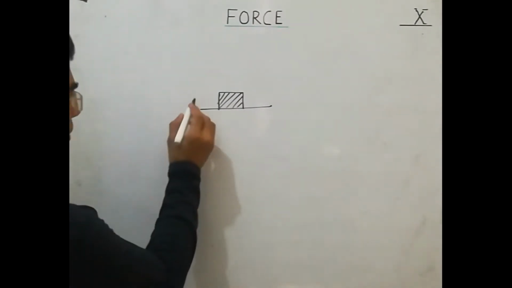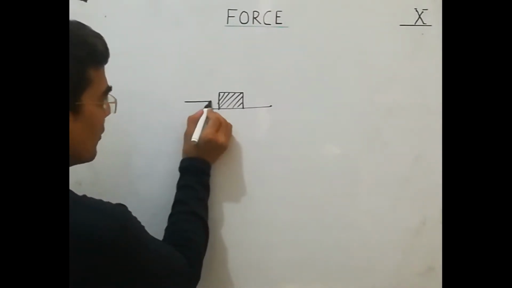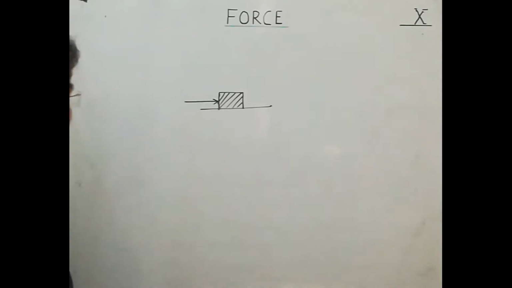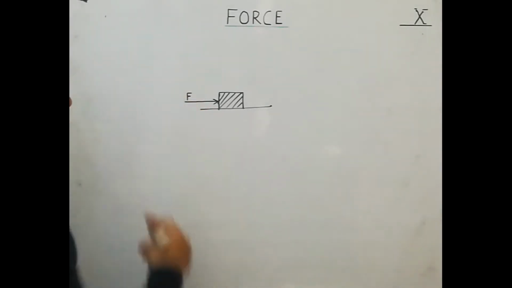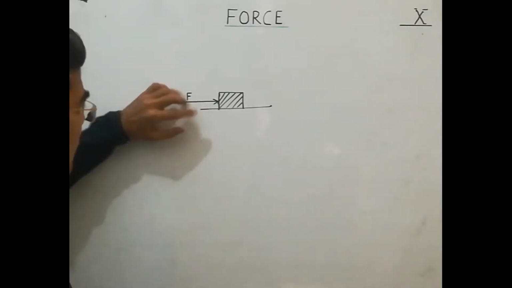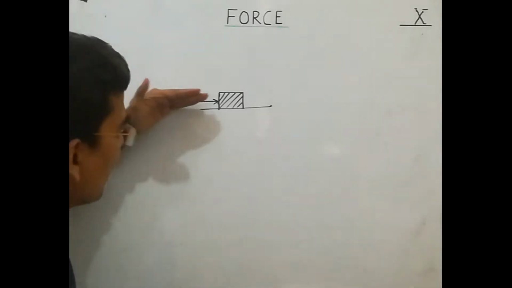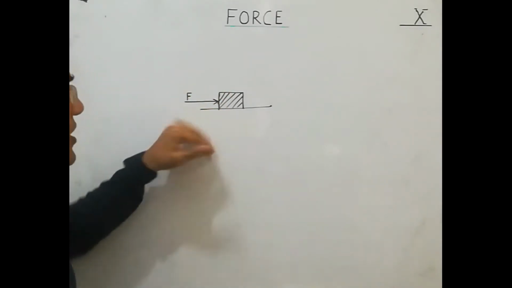Now suppose a person applies force on this object in this direction. What will be your observation? Think over it: you are standing over here and applying force on that object, which is free to move.